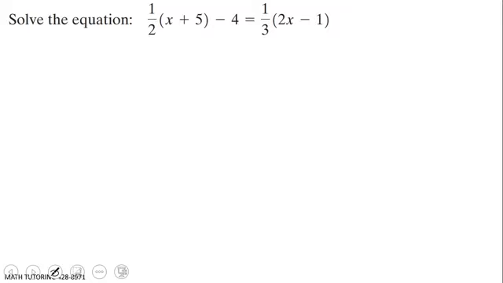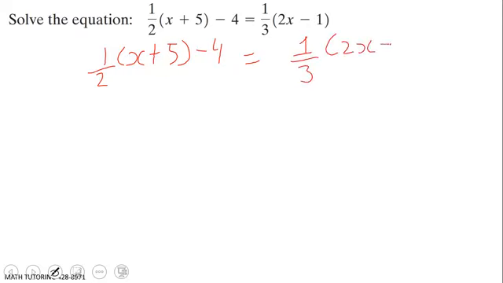But hopefully you see how, once we use the 6, the LCM, it really helped to get rid of the fractions. And that's what we wanted to do.